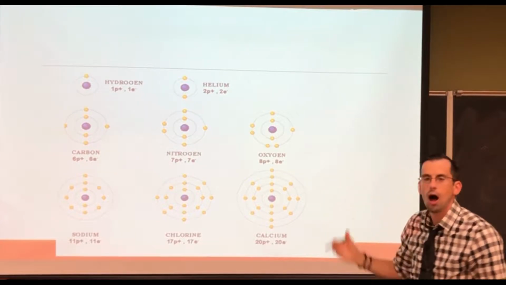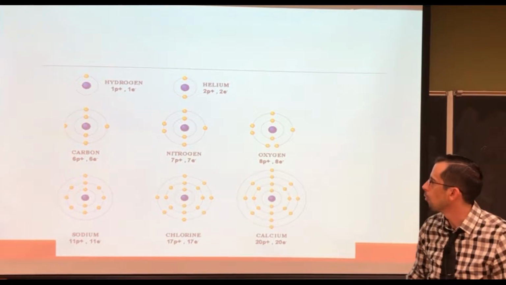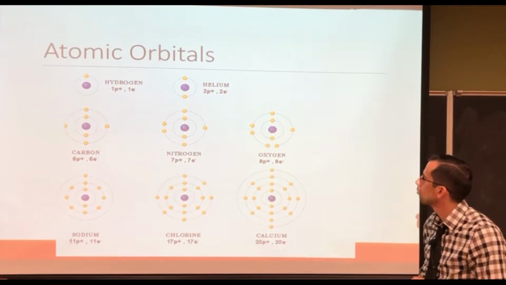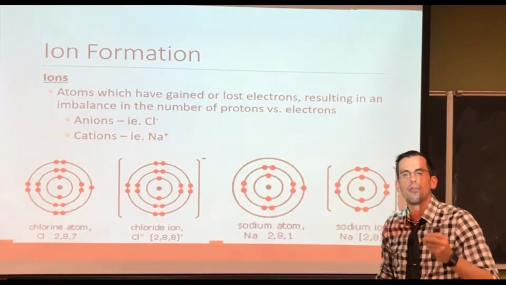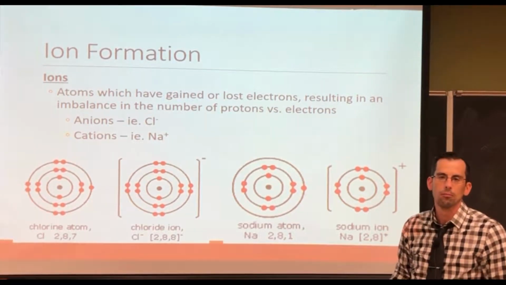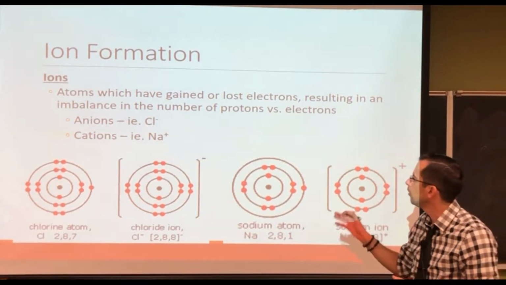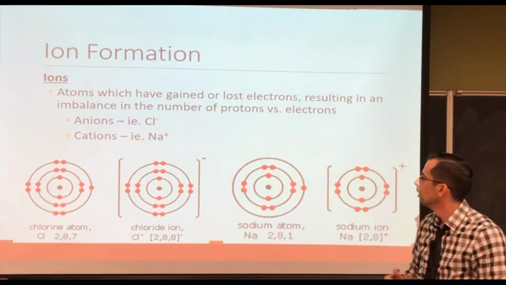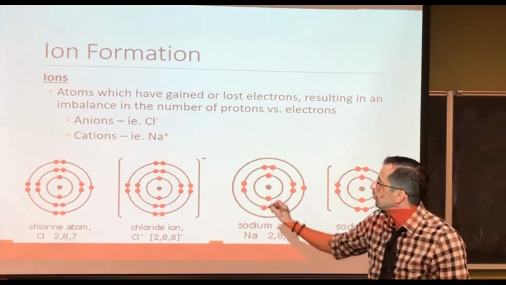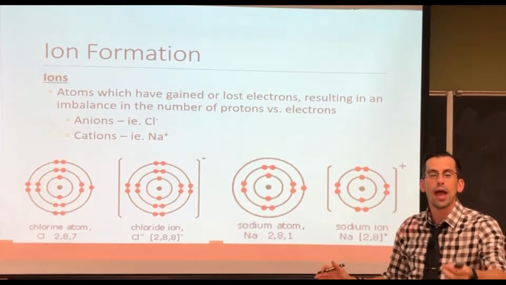Now, when it comes to ions, it's this outer valence level that becomes most important. We will always strive to have a full outer orbital level, a full valence level. That's where these entities are going to be most stable, and that's where they are going to be most happy. So we see with chlorine, its outer level has 7. A full outer level would have 8.